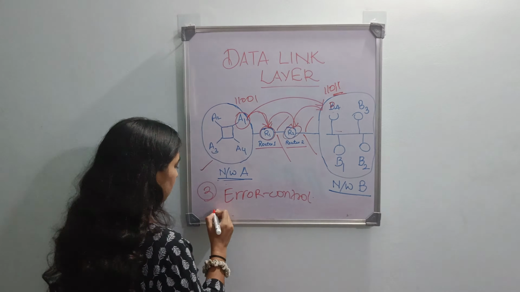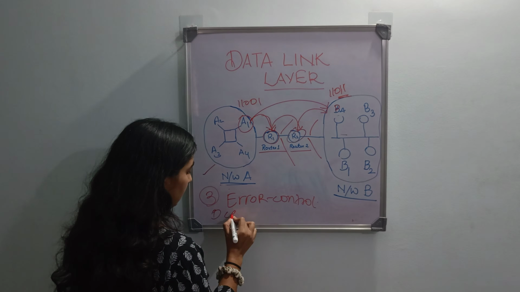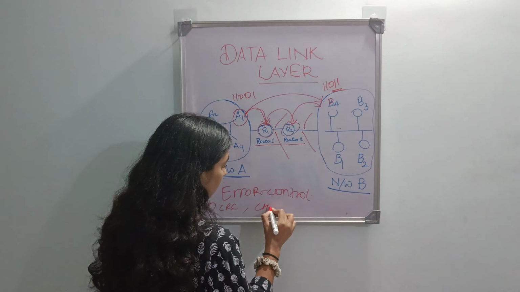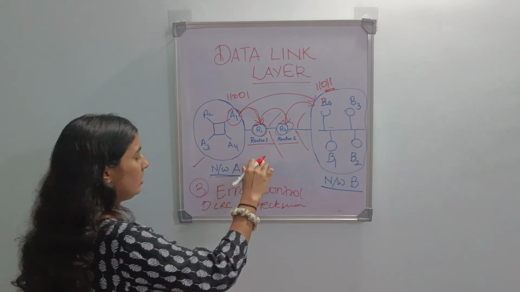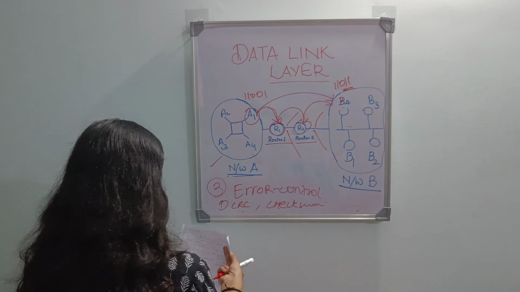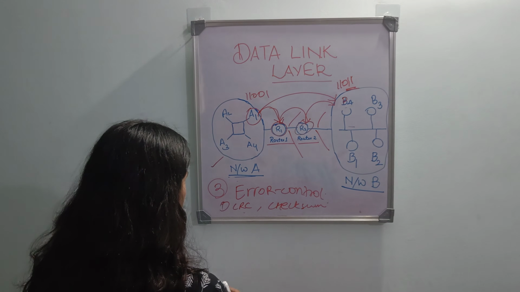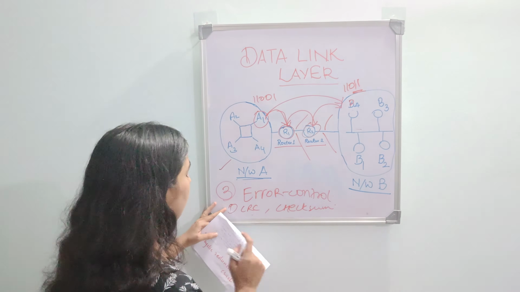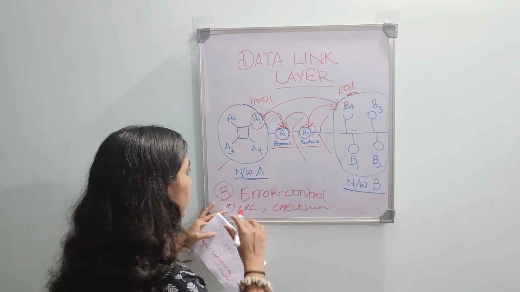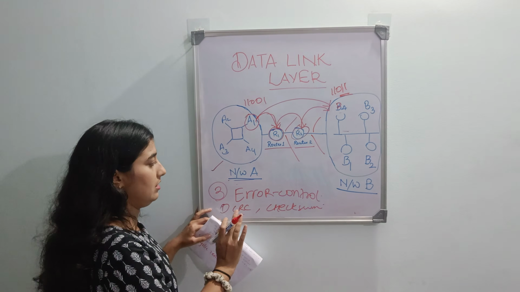There are some methods like CRC method, checksum method. There are also many more, but particularly we use CRC method, and the full form of CRC is cyclic redundancy check.